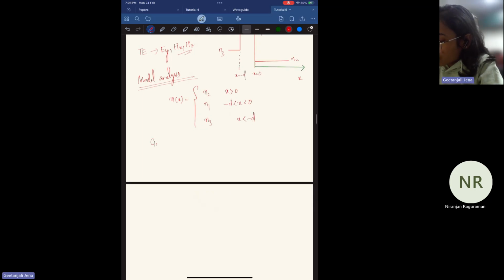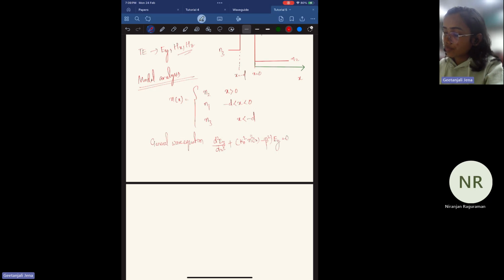So the general wave equation will be d square Ey dx square plus k0 square n square x minus beta square Ey is 0. So first we need to find out what is the range of beta. So for guided mode, if you recall, we need beta to lie between N1 to N3.